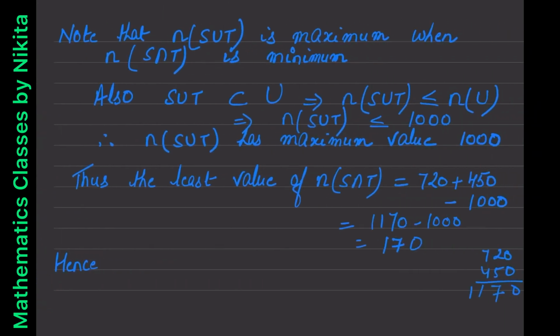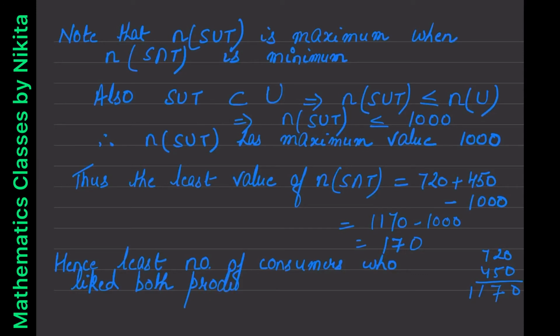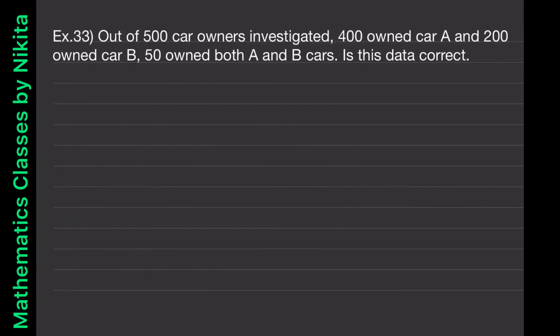So hence the least number of consumers who liked both products is 170. Very important question. So let's move now to example number 33.